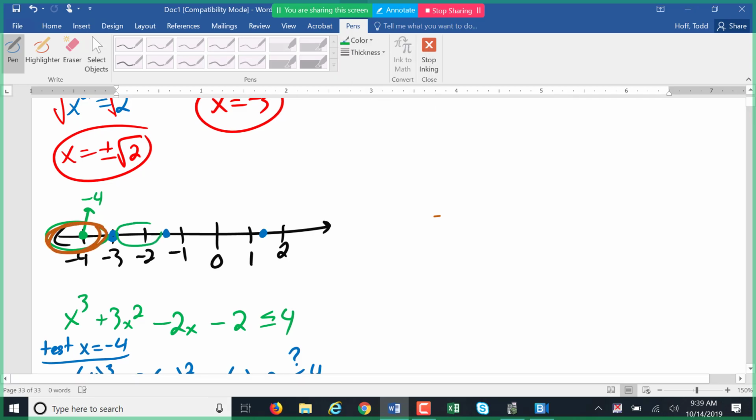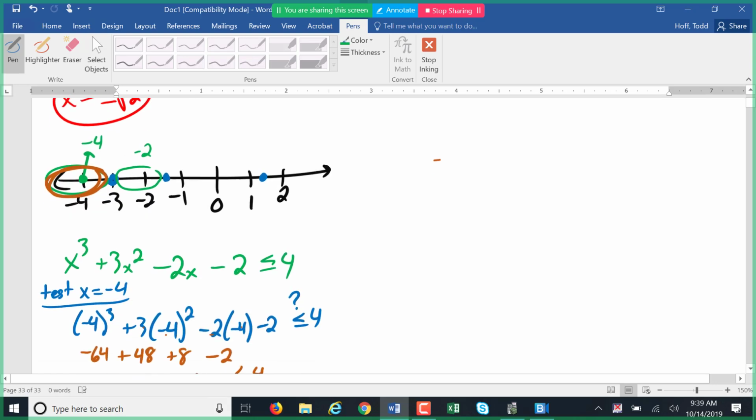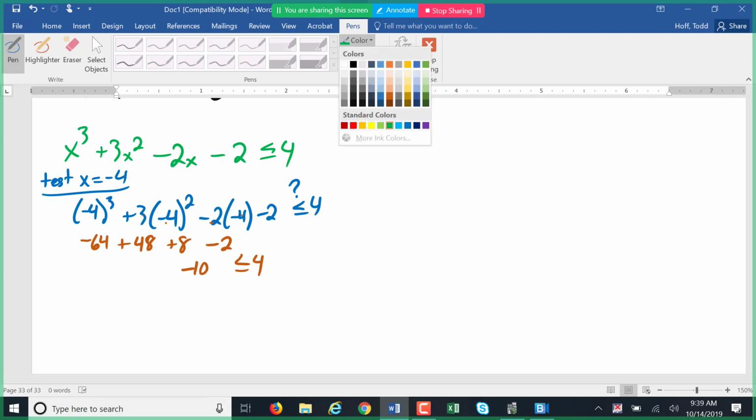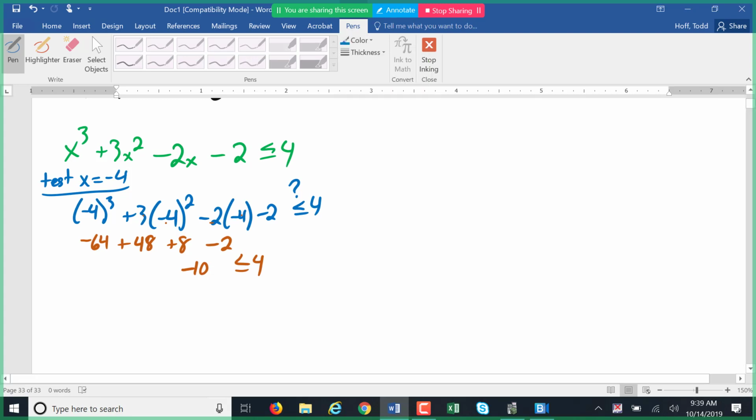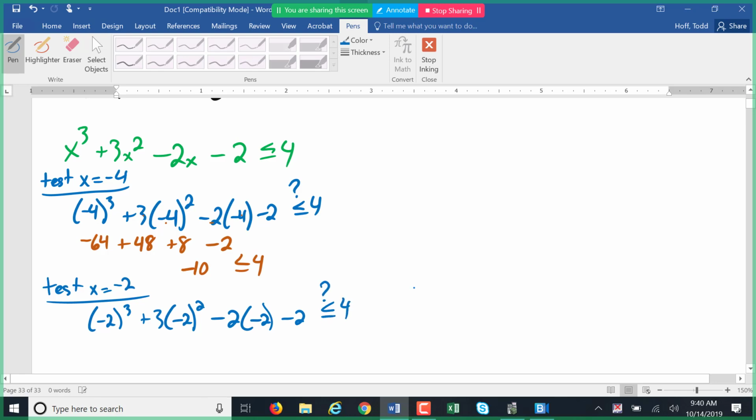So I'm going to test this next region by using x equals negative 2. So negative 2 to the third plus 3 times negative 2 squared minus 2 times negative 2 minus 2. Is that less than or equal to 4?